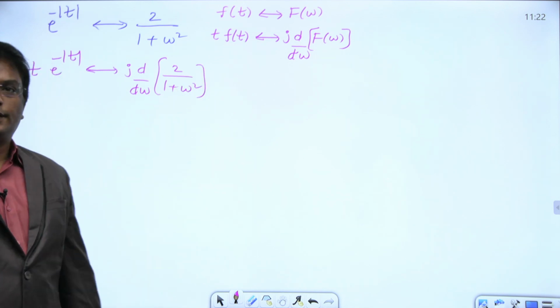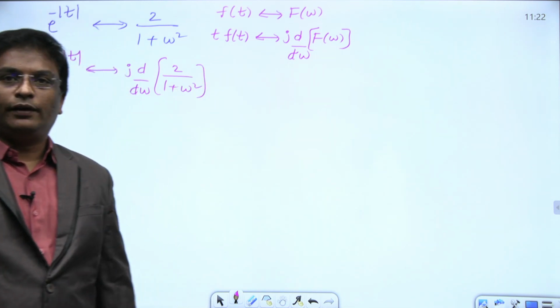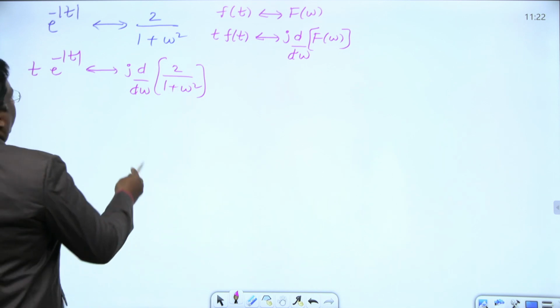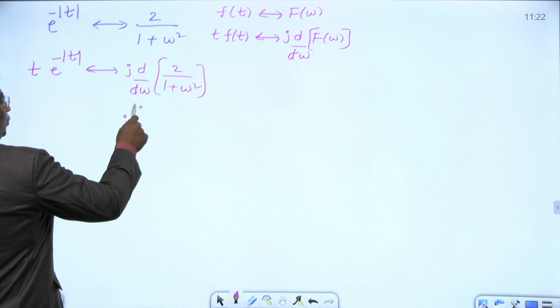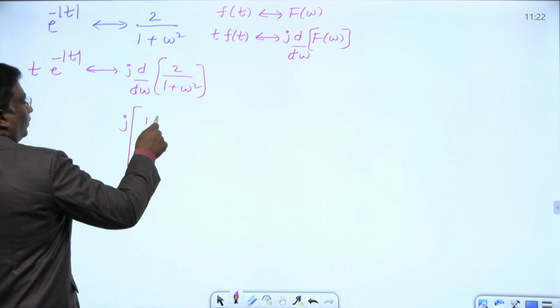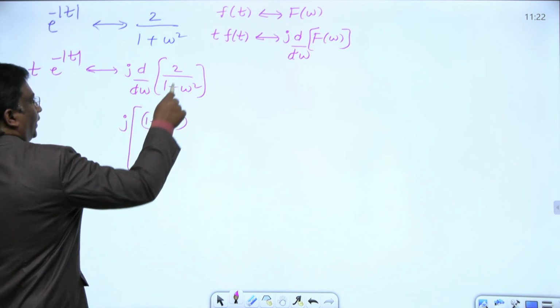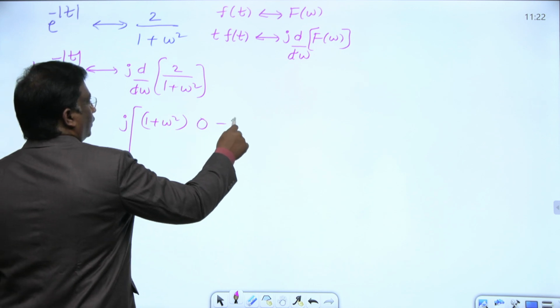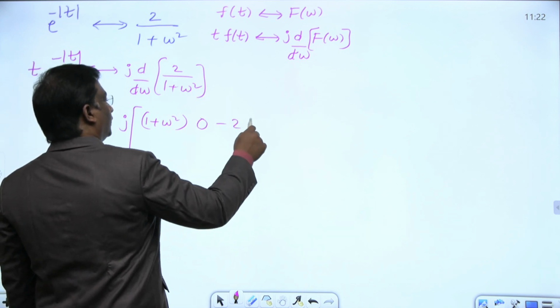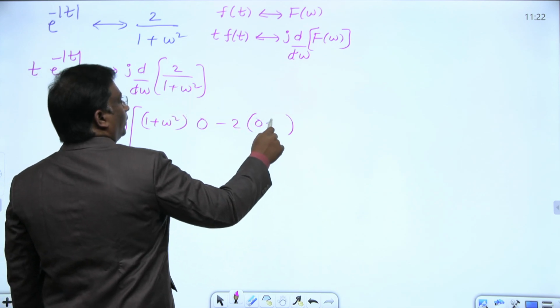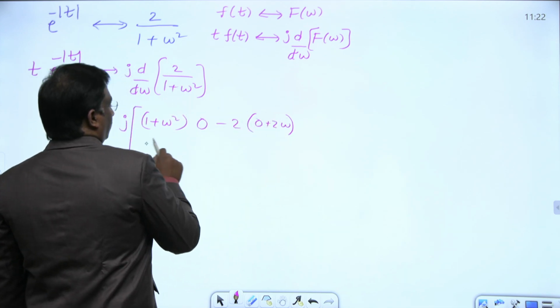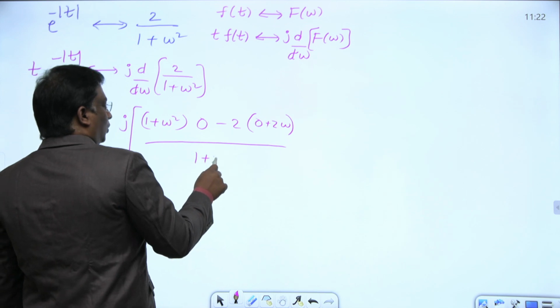J into d by d omega of 2 by 1 plus omega square. Differentiate this one using the u by v rule: 1 plus omega square into differentiation of numerator, 0, minus numerator into differentiation of denominator. Differentiation of the denominator, the constant 1 gives 0, and omega square gives 2 omega, divided by the denominator whole square.